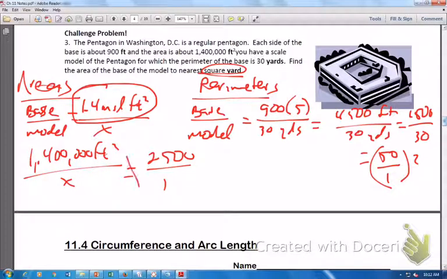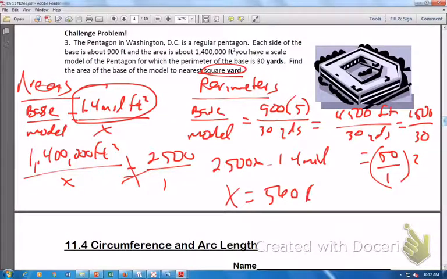1 squared is 1. Cross multiply, we get 2,500x equals 1.4 million. Divide 1.4 million by 2,500. And x is equal to 560 square feet.